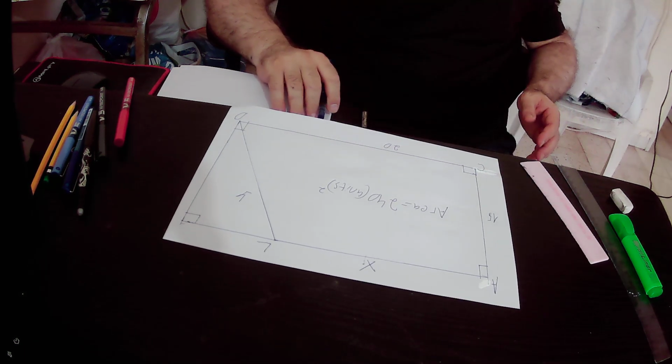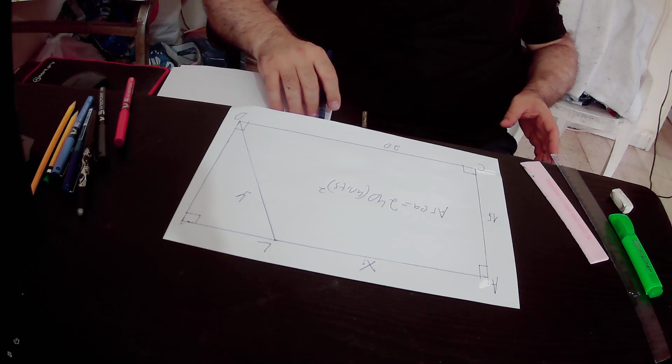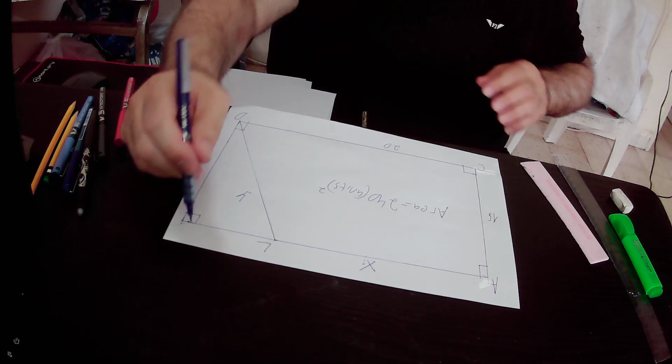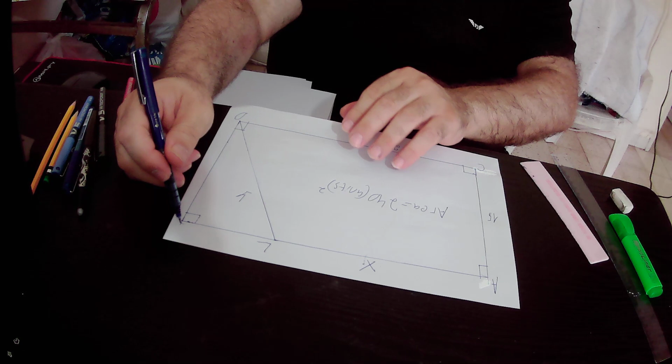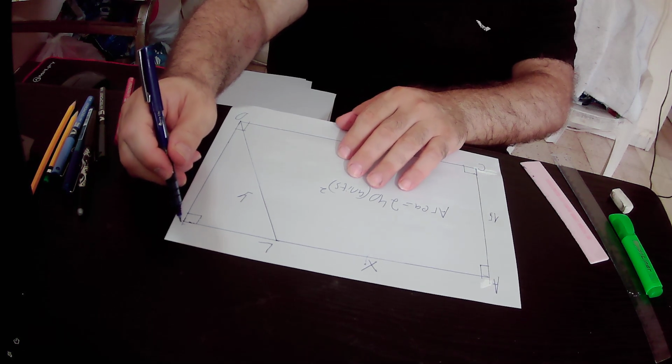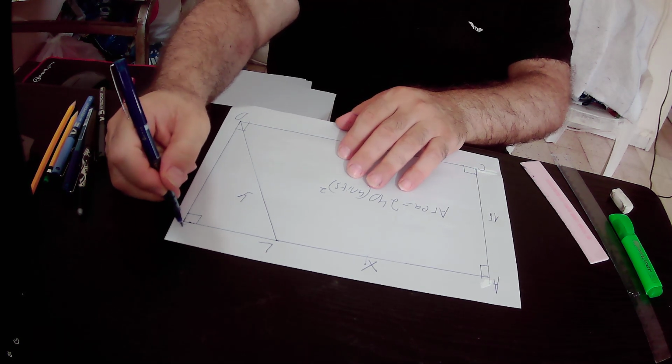So actually we created a rectangle. I will define this vertex as B.